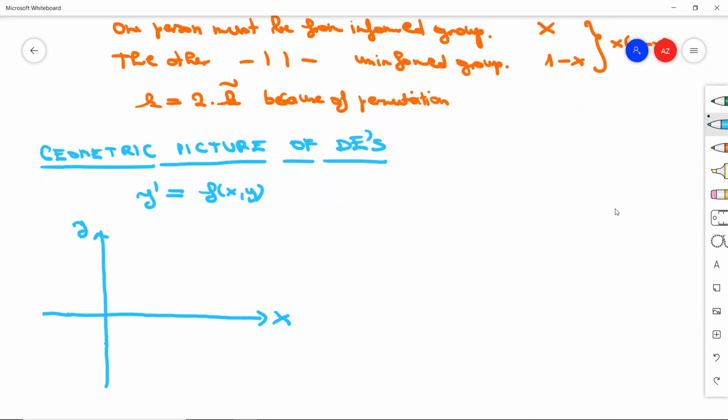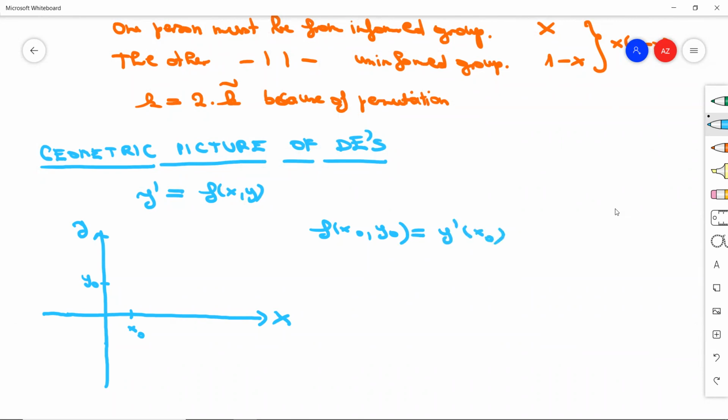let's say that we are in point x naught, y naught. In this point, we compute f of x naught, y naught, and this is equal to y prime at x naught.